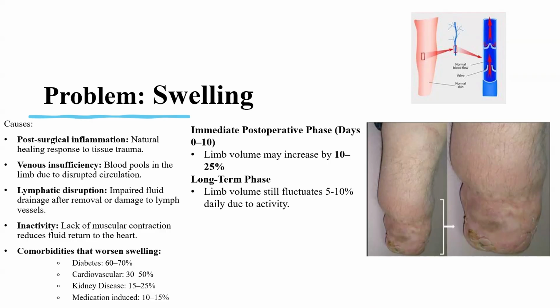Comorbidities that worsen swelling are diabetes, which affects swelling in 60 to 70% of amputees, cardiovascular disease, kidney disease, and medications that cause swelling as well.